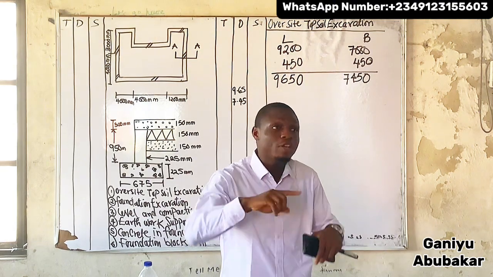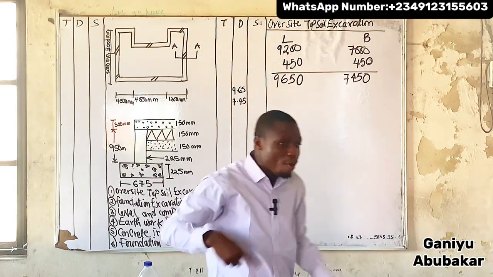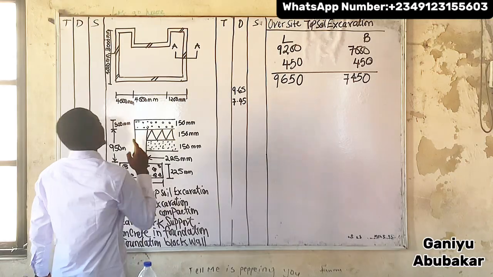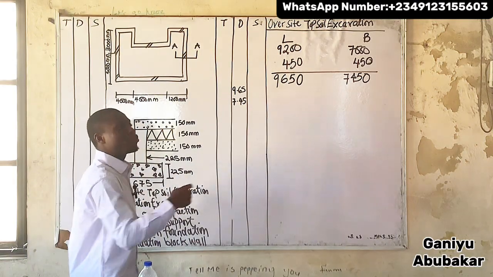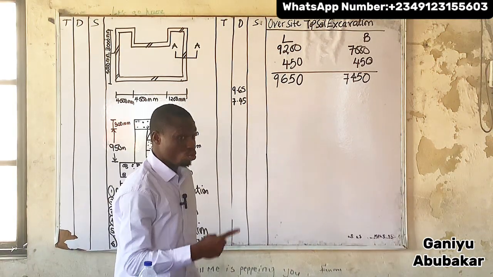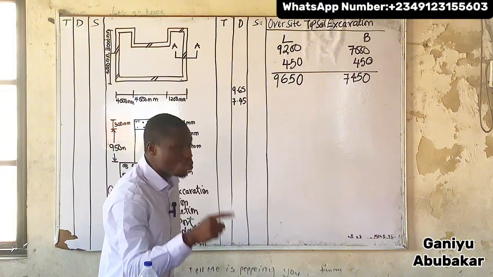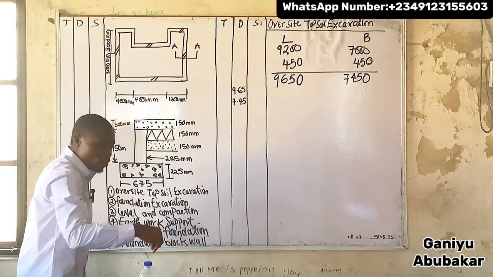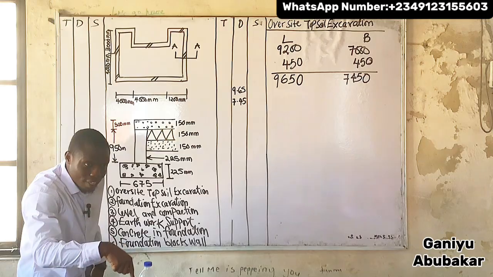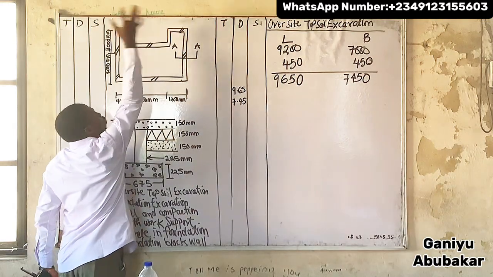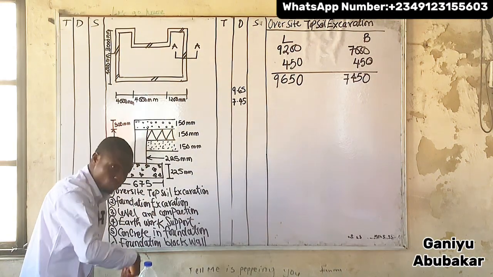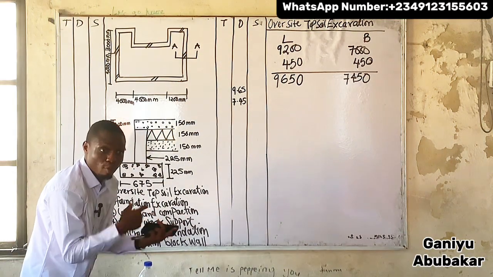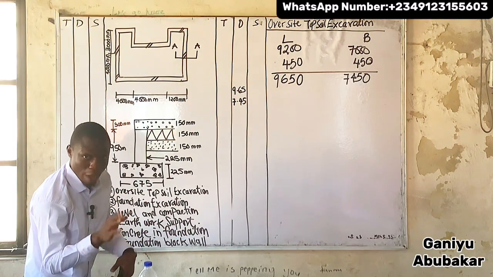If I add them together, it will give me all the length of the side. But mind you, this part here is not part of the main area where the block should be. So I have to exclude this part from the total length and breadth. Are we good now?